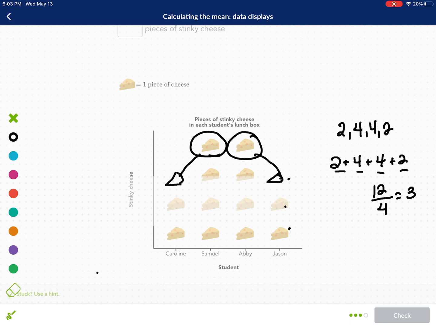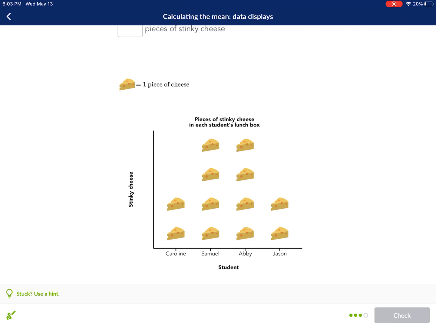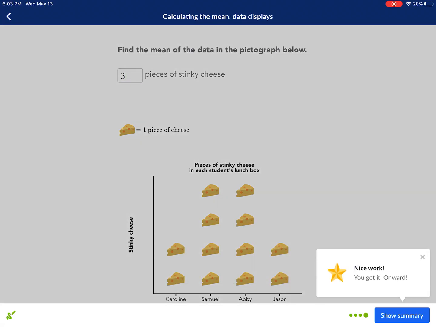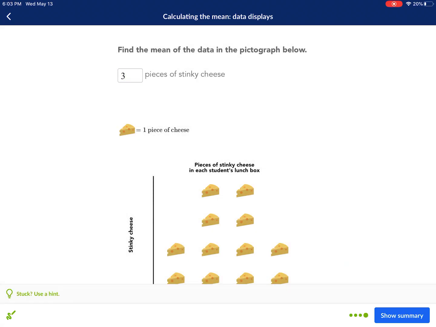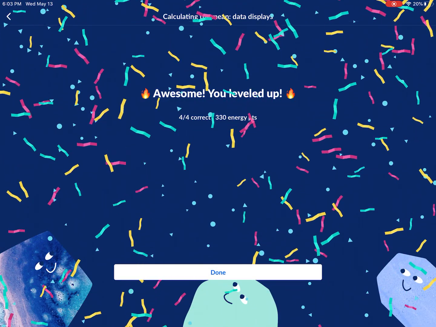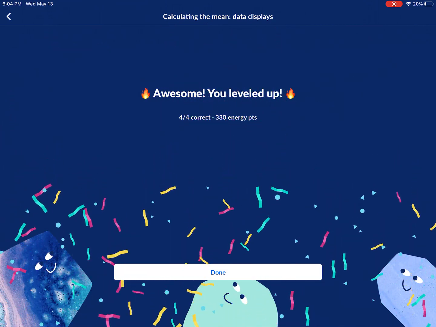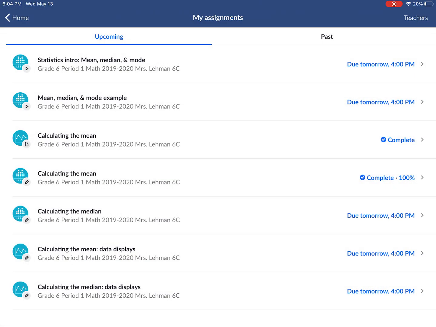All right, so anyway, let's go ahead and check that. So we said an average of 3 pieces of stinky old cheese. Yay, nice work. Okay, so get ready, kids. Here comes the confetti. Band-Aid confetti.